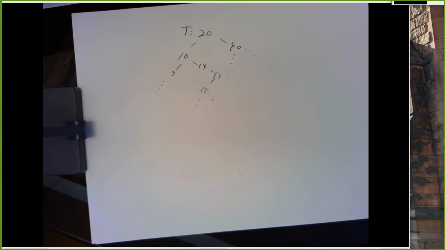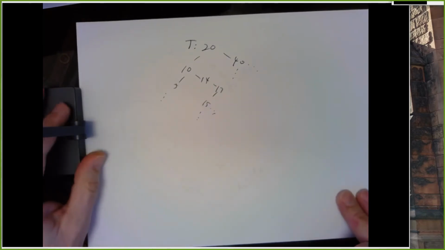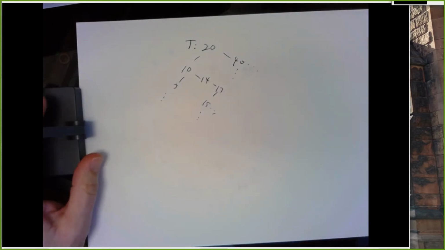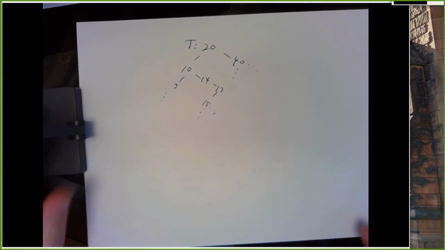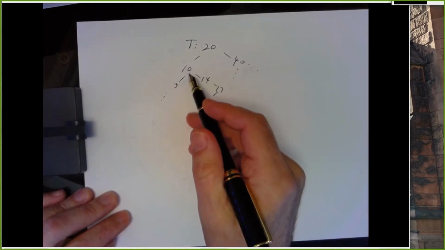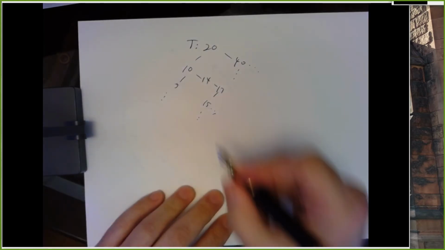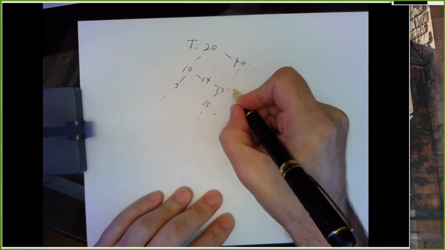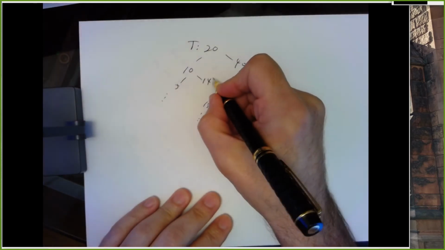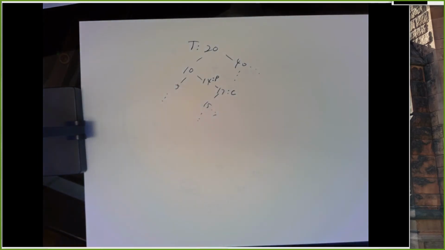And the code will be simple once we have temporary variables pointing to all of the nodes that we care about. So I'm going to use T for the root of the tree. I'm going to suppose that I've moved to the left and started moving down to the right and gone as far as I can until I get to a point where I have my largest node, which I'm calling C for current. And I have the parent of C, which I call P for previous or parent.